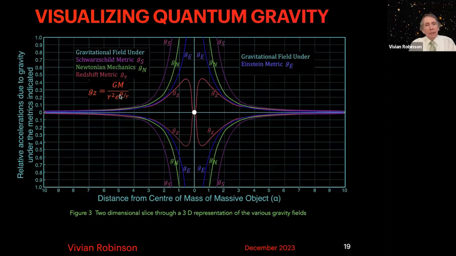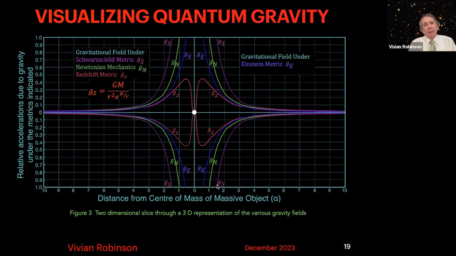As r gets closer to alpha, it goes through a phase where GZ is at a maximum at about 0.5 alpha. Now, what this means, of course, is that gravity attracts to the region of strongest gravity, which is here.